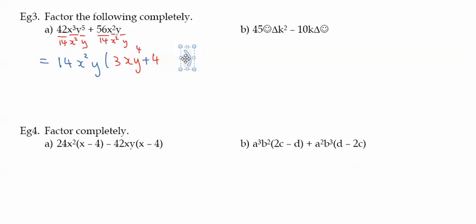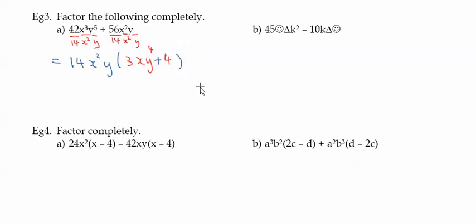That means we're done. This is how we take out the GCF. When we're working with algebraic expressions, it doesn't matter if they give us numbers to work with, variables, or even symbols. The idea will still be the same.